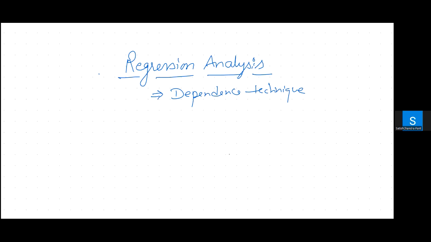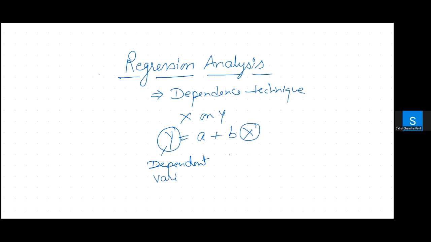So in common sense, we can say if we want to examine the impact of x on y, we can make the regression analysis y equals a plus bx, where y is the dependent variable while x is the independent variable.